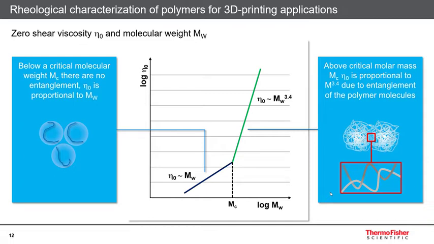From there on, the zero shear viscosity is actually increasing for most thermoplastic materials exponentially, with an exponent of around 3.4. The critical molecular weight depends on the molecular structure and the flexibility of the polymer chain and varies for different types.